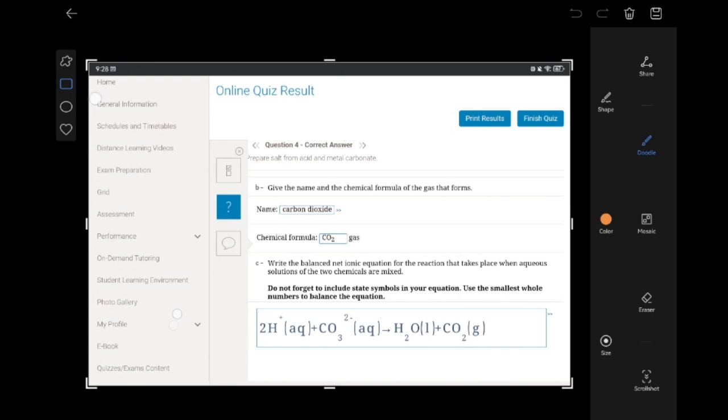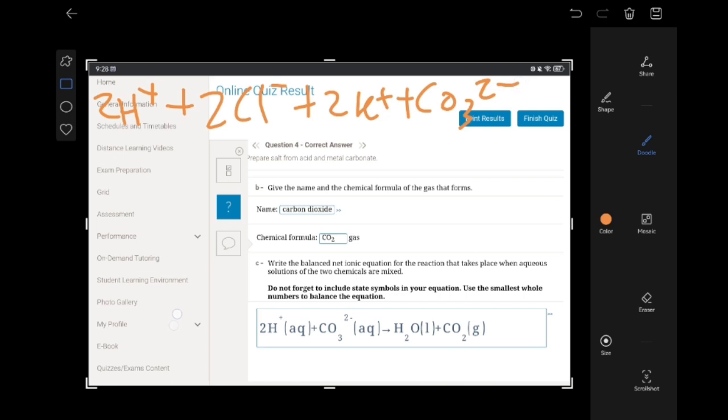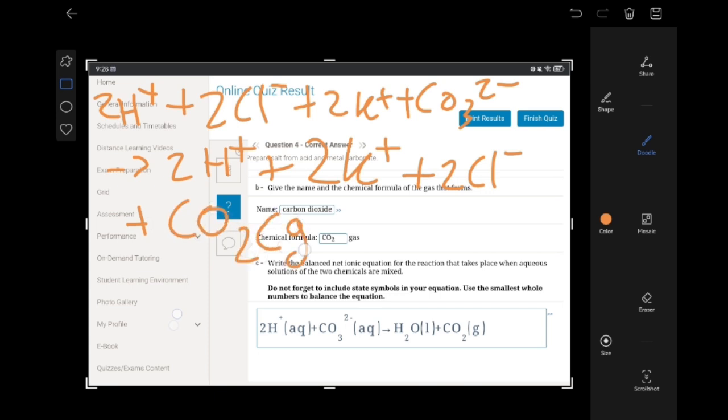So you have 2H plus, it was HCl, yeah, so plus 2Cl minus plus 2K plus CO3 2 minus gives you 2KCl, but because it's overall ionic, I'm just doing the overall ionic to show you. It splits up again, plus CO2 gas, it's not an ion, see, plus H2O liquid.